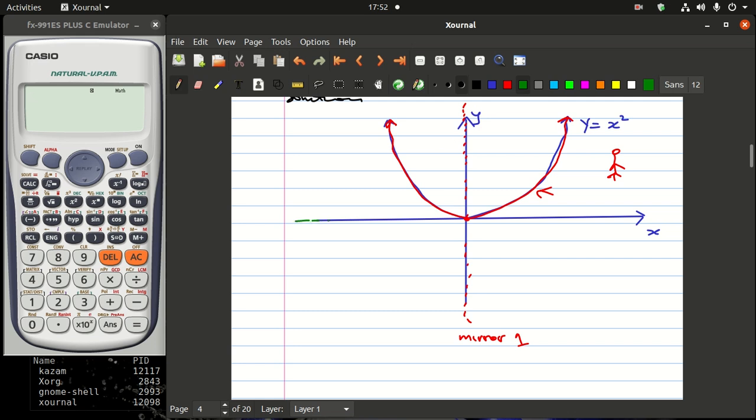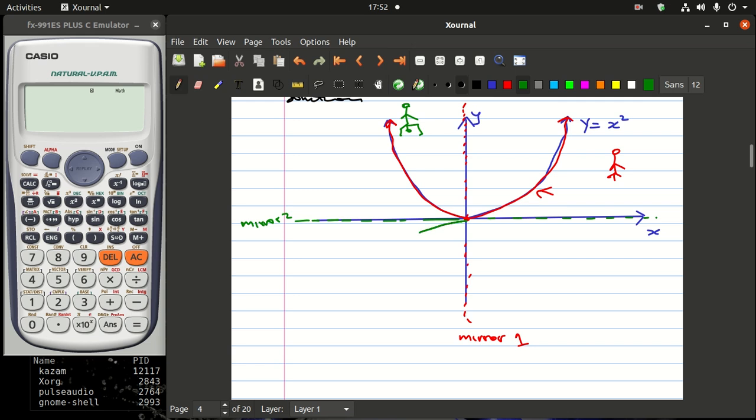Now I want to place the second mirror along the x-axis here. So this is mirror 2. If I were to stand somewhere here, and I look into this curve through the mirror, I see the image of this curve in the mirror.